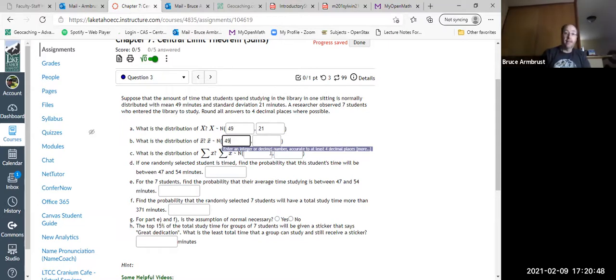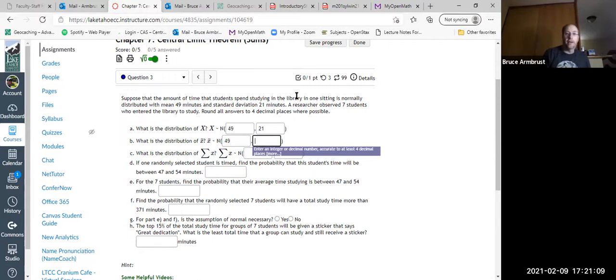And this one, the standard deviation, well, this is again sample means. So we're going to find it the same way we did the other one, which is to take that original population standard deviation and divide it by the square root of our sample size.